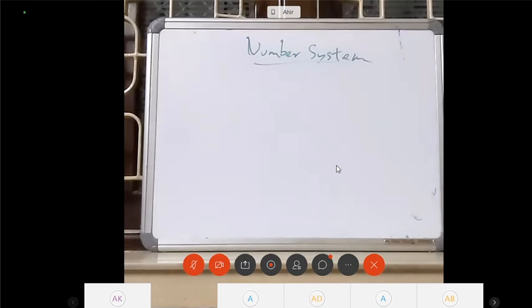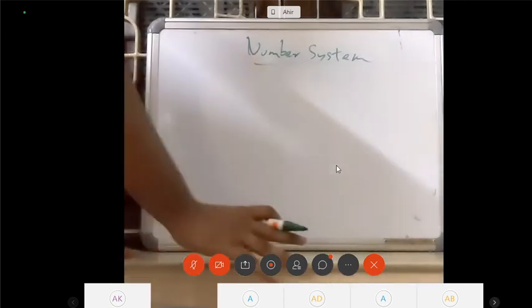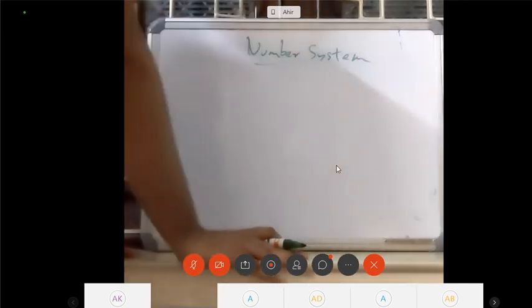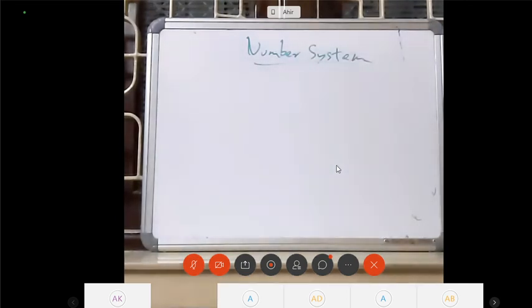Now, this system, like any other mathematical system, is based on certain axioms.